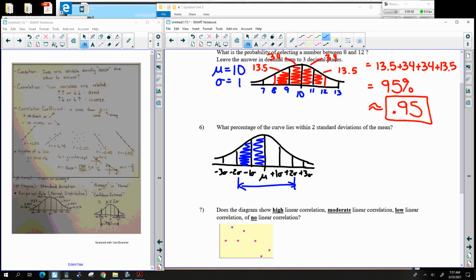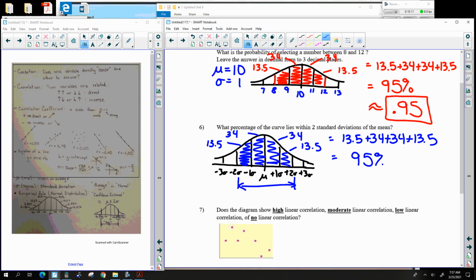So what percentage is within 2 standard deviations? That would be 95%. And they ask for a percentage, not a decimal, so it would be 95%.